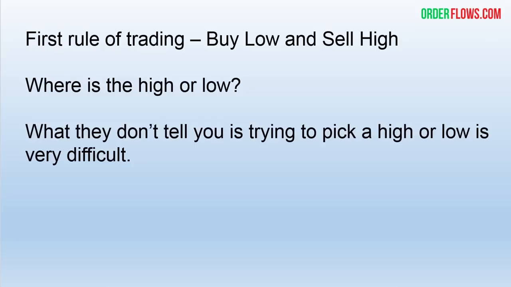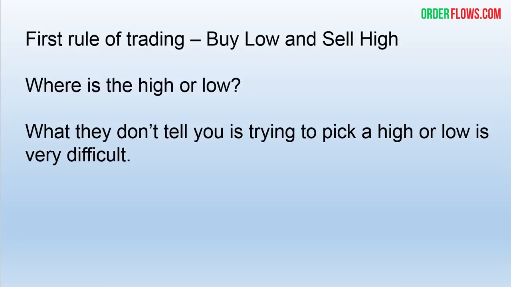Okay, so the first rule of trading, in every book: buy low, sell high. Well, the problem is they don't tell you where the high or the low is. It's simple. Everybody knows buy low, sell high in anything, whether it's the real estate market, the futures market, the stock market, or the Pokemon trading card market.